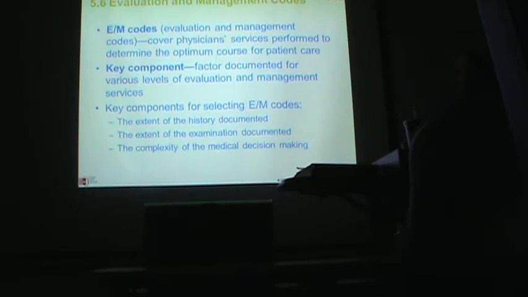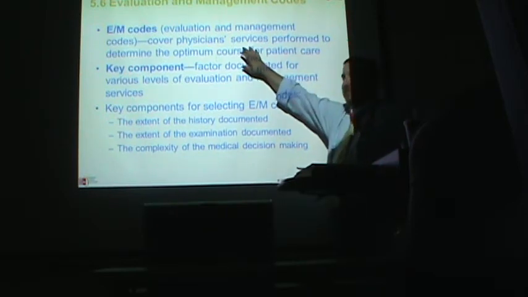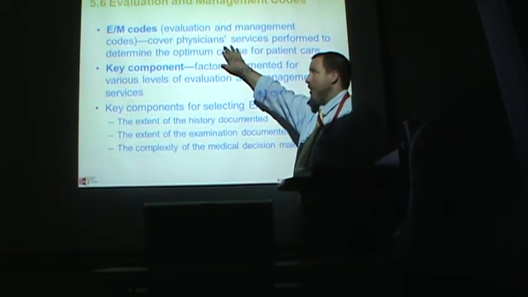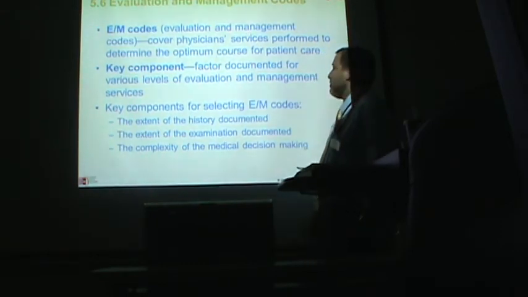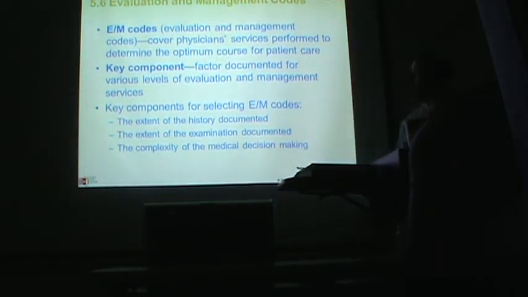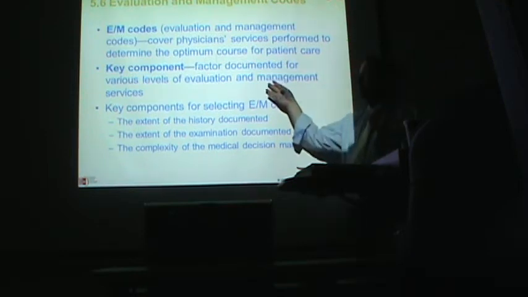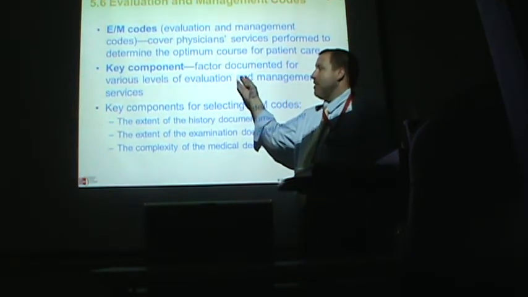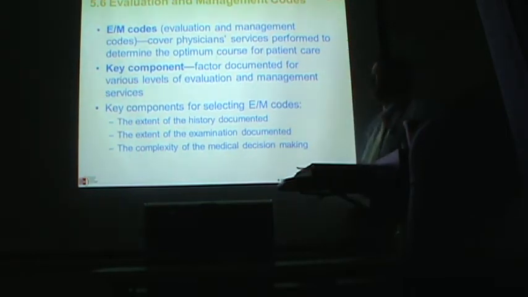I already kind of talked a little bit about evaluation and management. Remember, this is where they're deciding what's going to be the best course of action for you, right? What's the best course of treatment? On a super bill, this is basically where they're factoring the levels of evaluation.